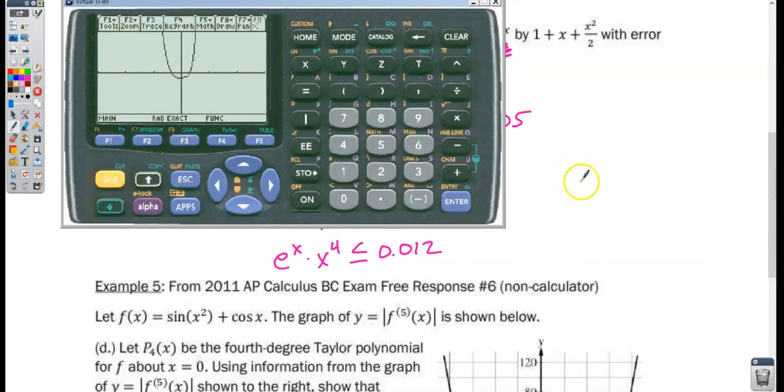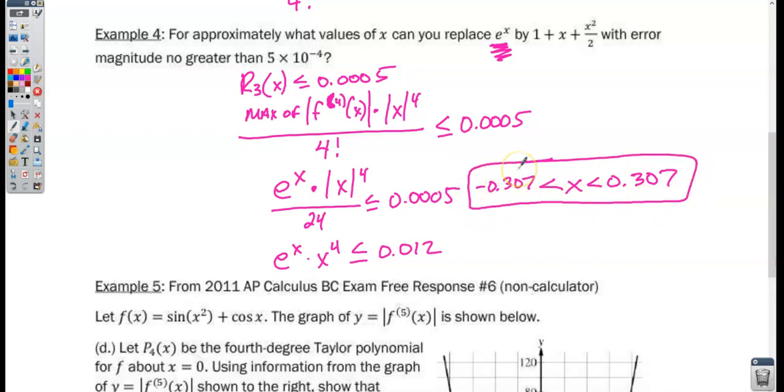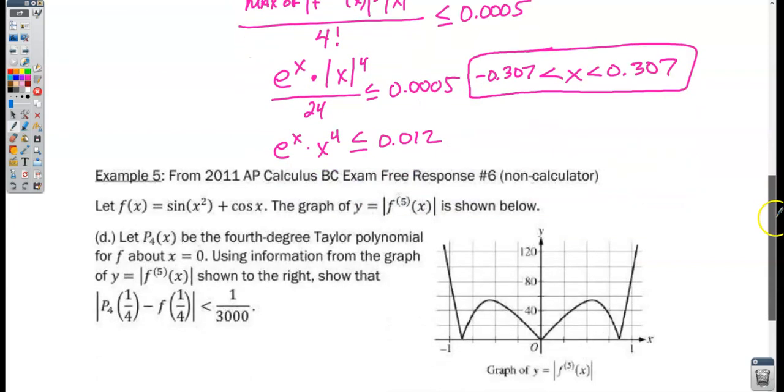And so we are going to say that x is in between negative 0.307 and 0.307. And that is our interval where we can definitely replace e to the x by this with an error no bigger than 0.0005.